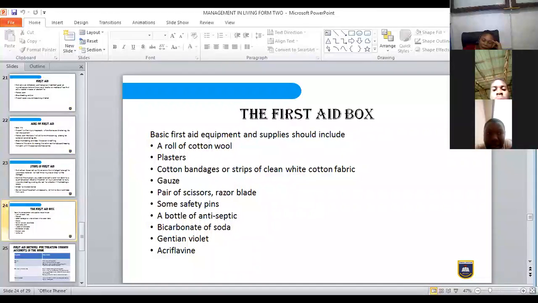When you do that, you are killing the body cells. So the work of the spirit or the hydrogen peroxide is to clean the wound from any contamination.